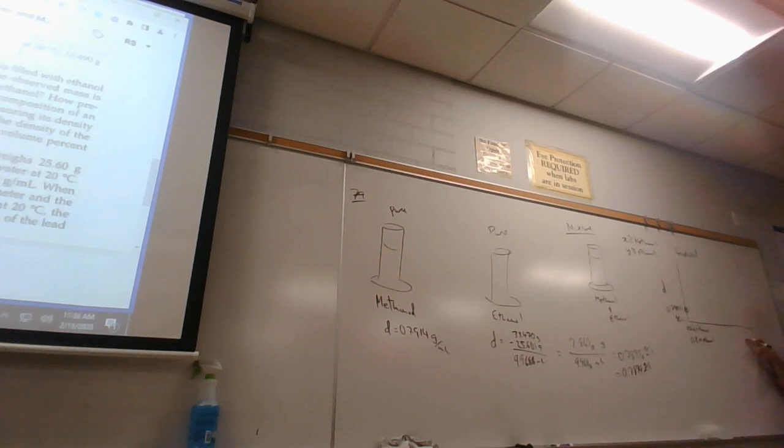The other extreme is 0% ethanol and 100% methanol. What would the density here be? 0.7914 grams per milliliter. And that's going to give me my second point here.